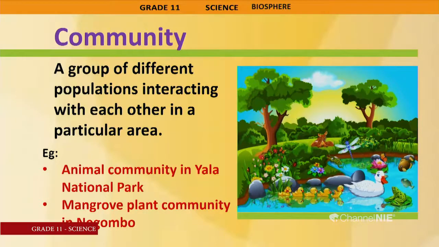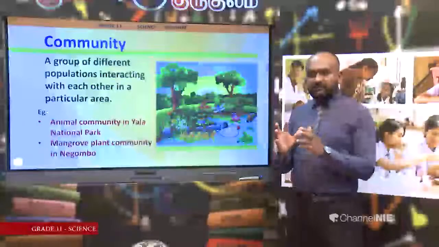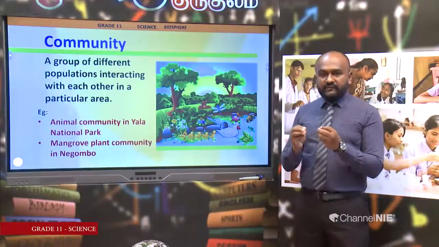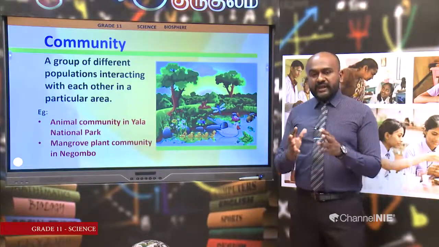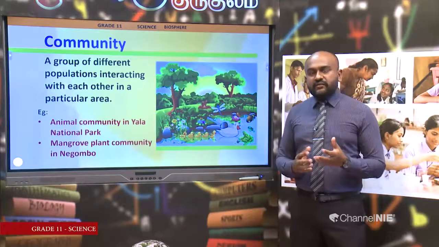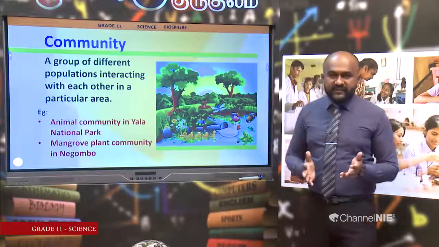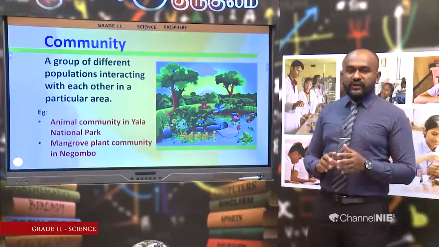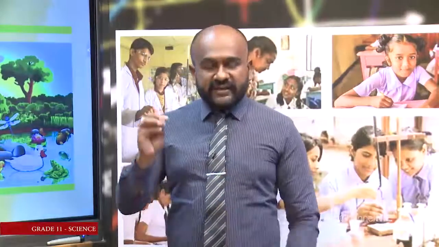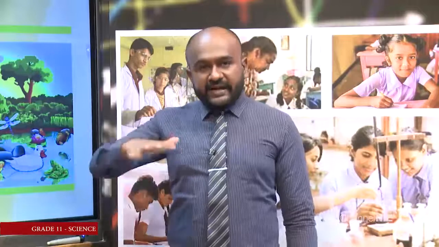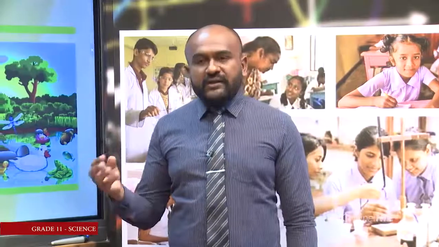So, there is an animal community, they interact with each other. So, what do they interact for? Why do they interact? Yeah. So, they interact for food, sometimes for habitat, sometimes for mating, sometimes for protection. So, in that way, for different purposes they interact with each other. If you get a group of populations living in a given area interacting with each other, we call that a community.